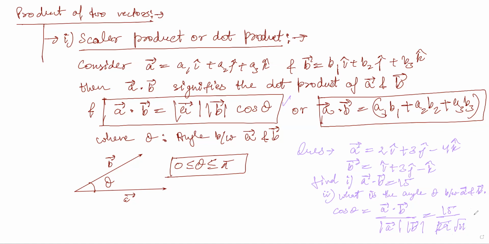So cos theta is 15 by root over 319. Or we can also write it as theta is equal to cos inverse of 15 by root over 319.